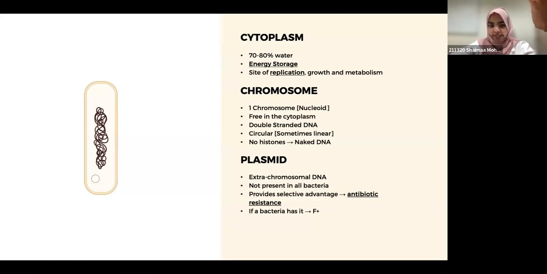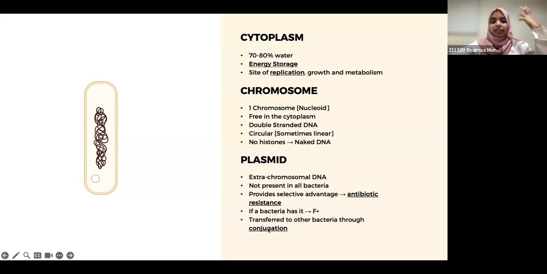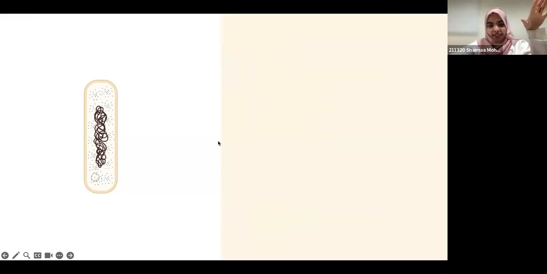So the bacteria is fertile, meaning that it can transfer this plasmid to another bacteria through a process called conjugation. We're going to talk more about it later. Okay, is everything clear until now? Yes. I'll move on to the next slide.